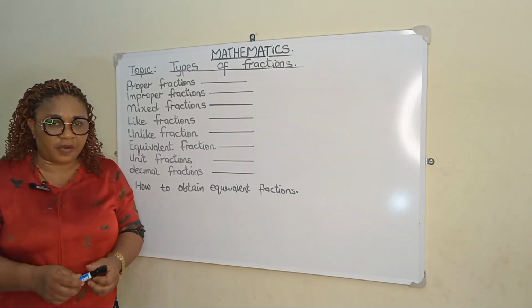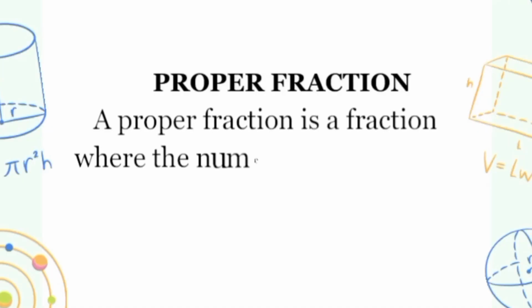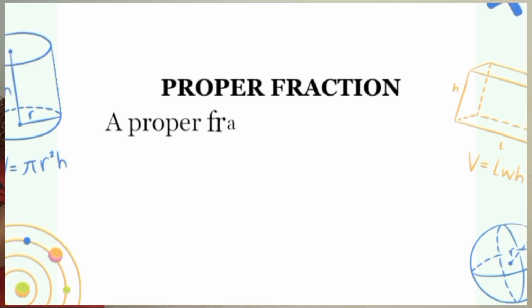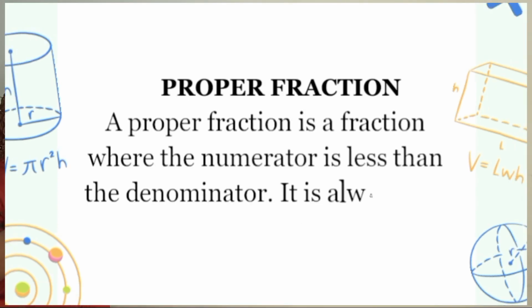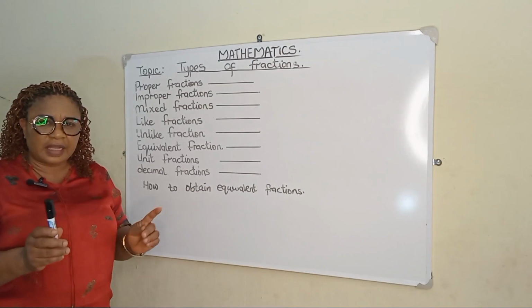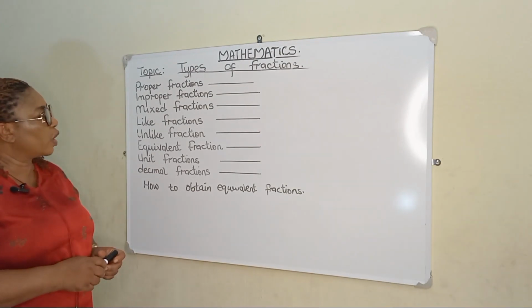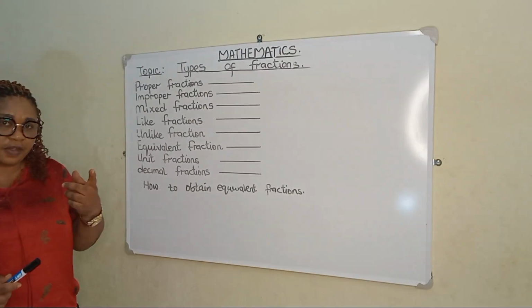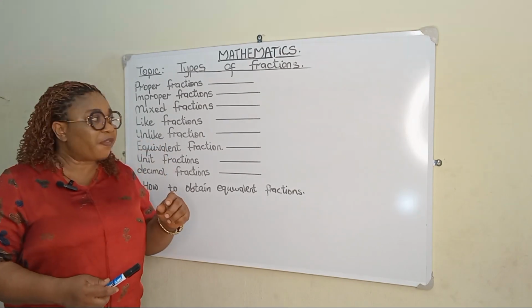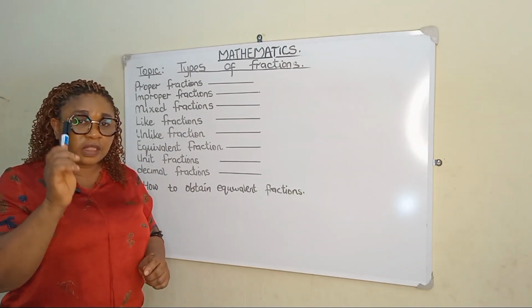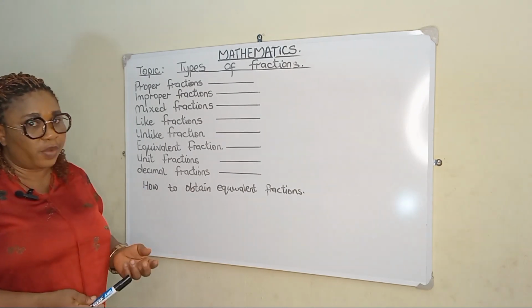What is proper fraction? Proper fraction is a type of fraction that the numerator is smaller than the denominator. Proper fractions are less than whole. And I repeat the definition for more clarification. Proper fraction is a fraction that the numerator is smaller than the denominator.